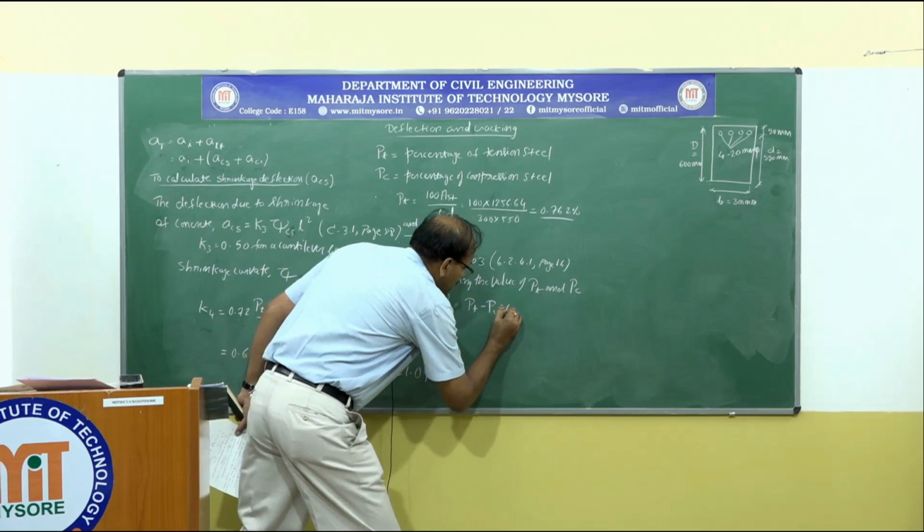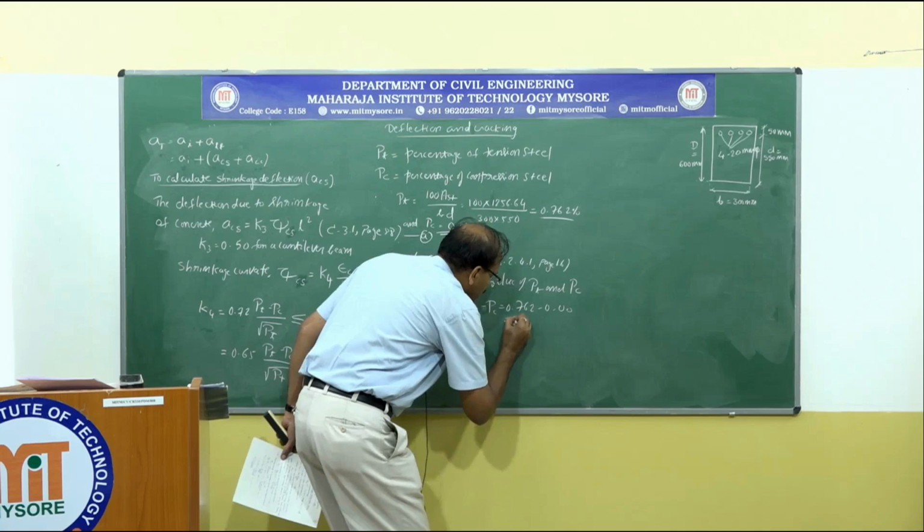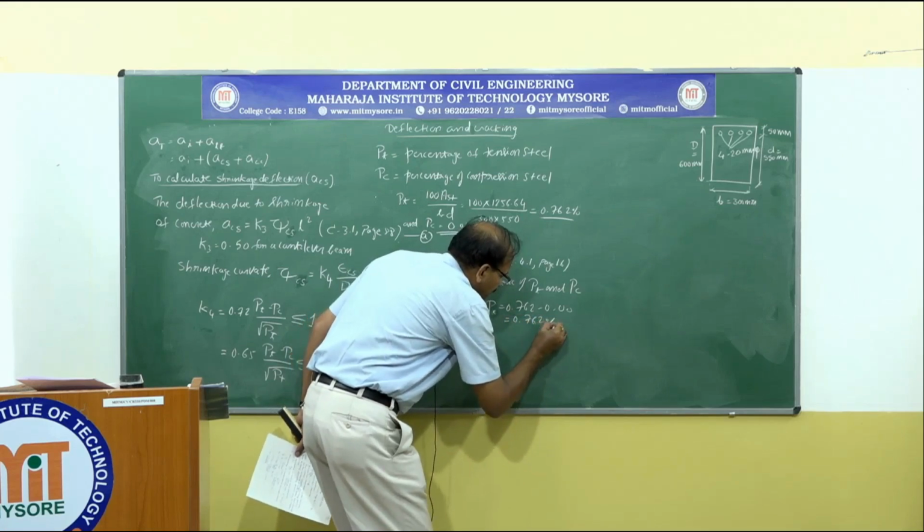PT minus PC is 0.762 minus 0.00, that is equal to 0.762%.